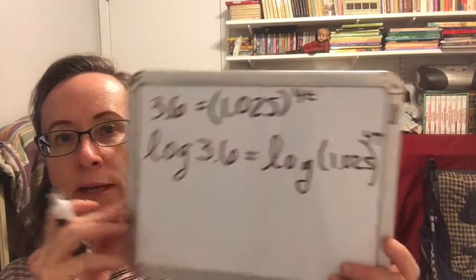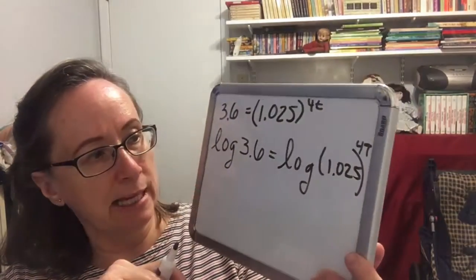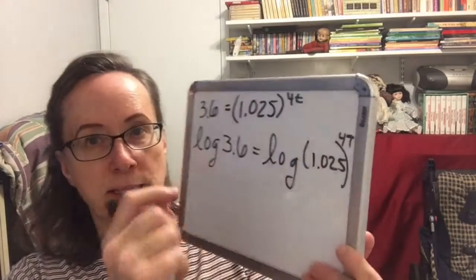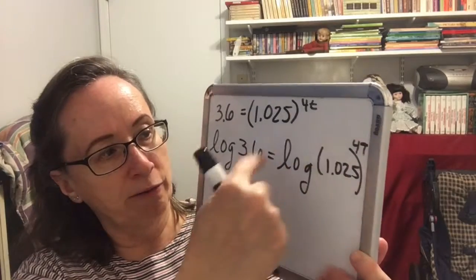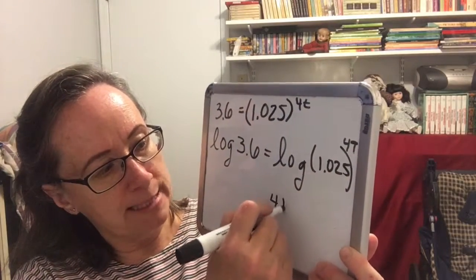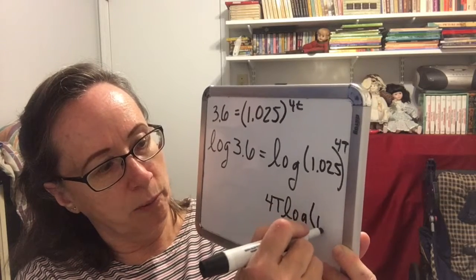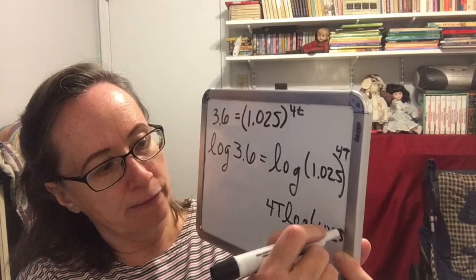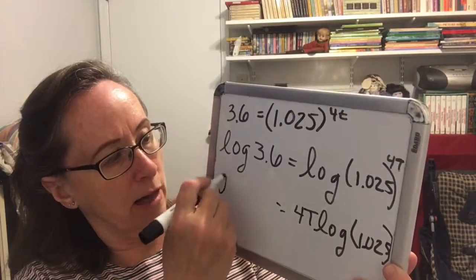But we know that once we take the log of both sides, then we can take this 4t and it can run around as a coefficient, and we'll get 4t log 1.025.